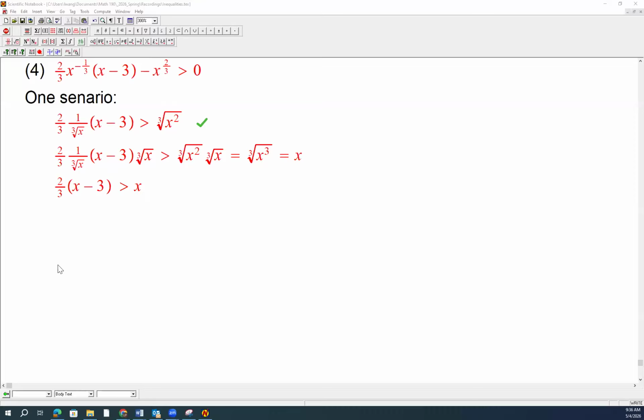Let me be specific: multiplying both sides by the cubic root of x, that step is wrong. So this is the wrong step.